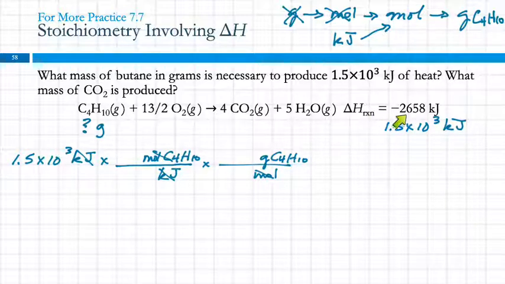So delta H says minus 2658 kilojoules for every 1 mole of butane. So 1 mole of butane, minus 2658 kilojoules. And then I need the molar mass of butane, 4 times 12.01 plus 10 times 1.008, 58.12.